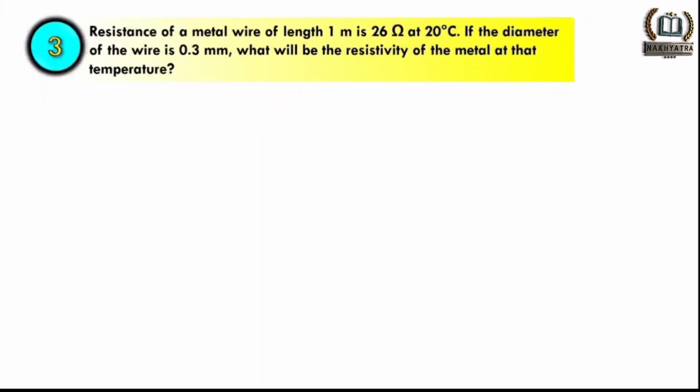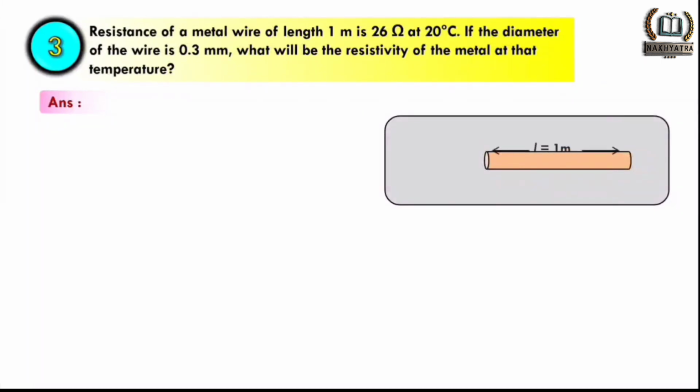Resistance of a metal wire of length 1 meter is 26 ohm at 20 degrees Celsius. If the diameter of the wire is 0.3 millimeter, what will be the resistivity of the metal at that temperature? Okay, now see here. So this is a wire of length 1 meter, diameter is 0.3 millimeter and the resistance is 26 ohm.